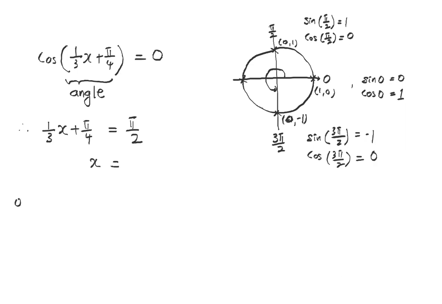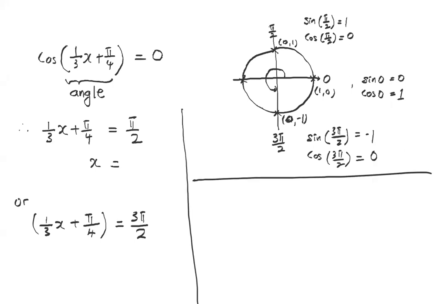Or the angle that is 1/3 x plus pi by 4 can also be 3 pi by 2. That is what it means. And it can go on.